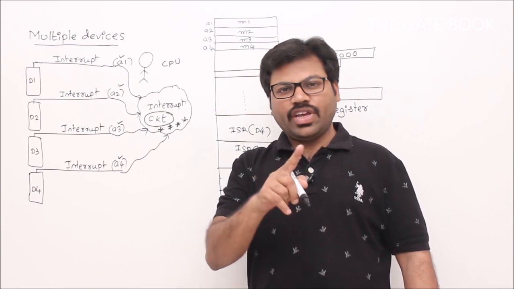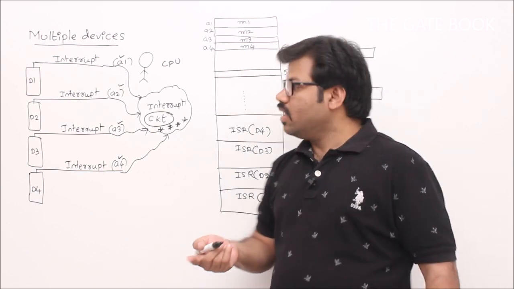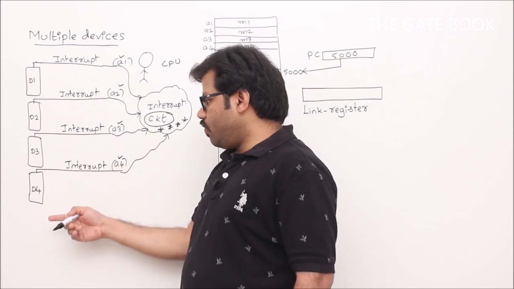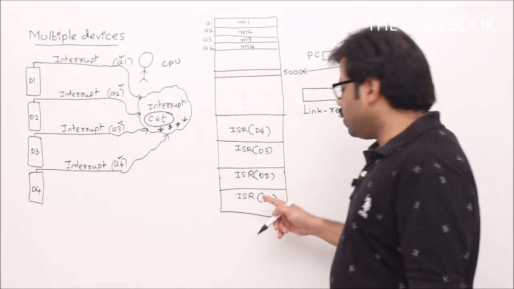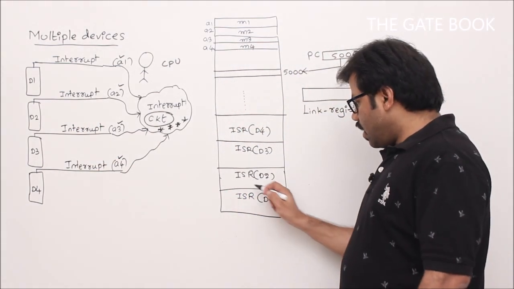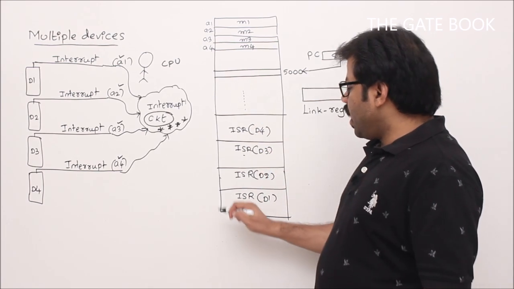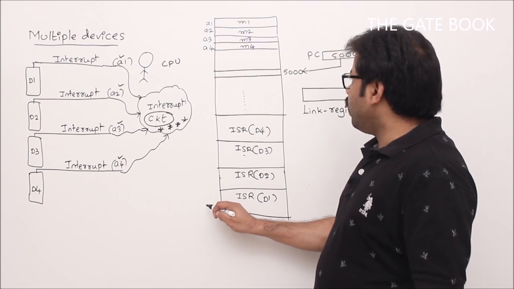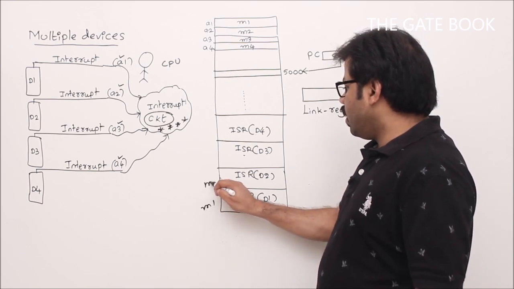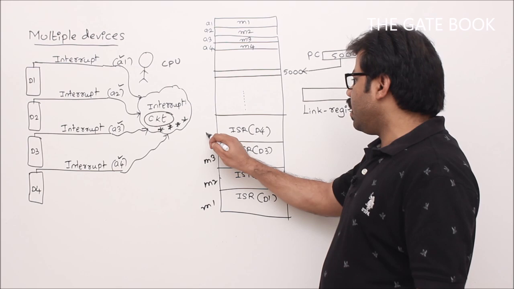For the keyboard we have already seen how to write it. In the same way, D1, D2, D3, D4 are going to have interrupt service routines: ISR D1, ISR D2, ISR D3, ISR D4. Let's say they are in main memory locations: D1's is in M1, D2's in M2, D3's in M3 and D4's in M4.